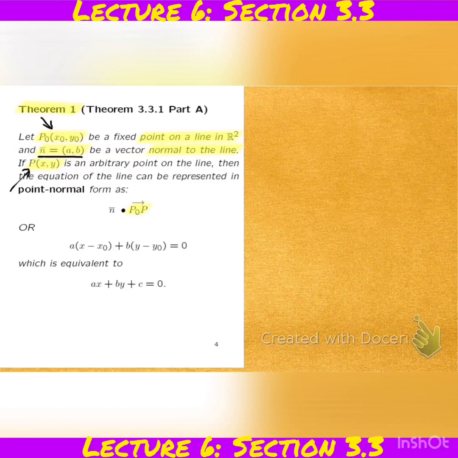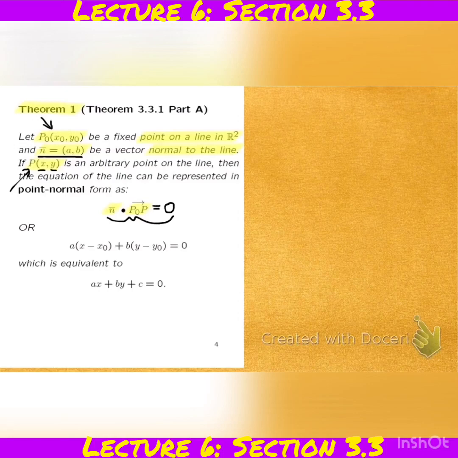So when are two vectors perpendicular? When they have dot product equal to 0. So you want that dot product to be 0. You want to find an x and a y that satisfy this equation.